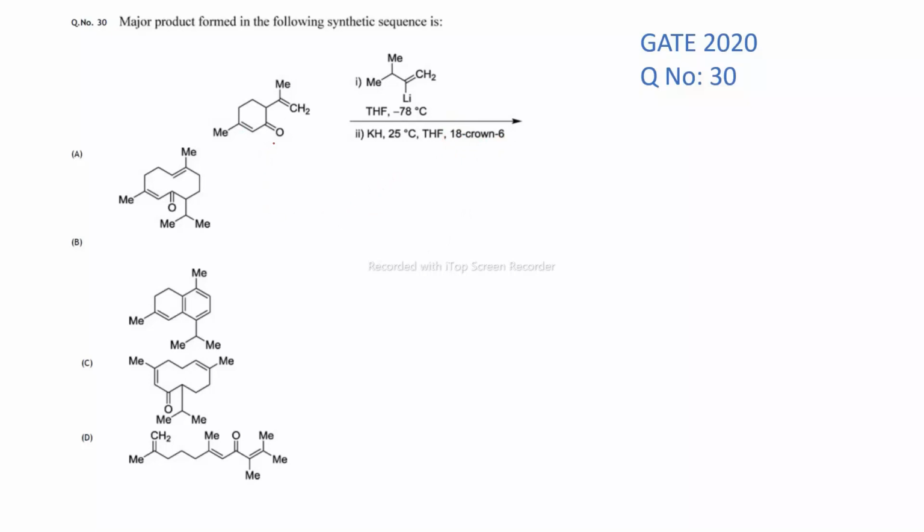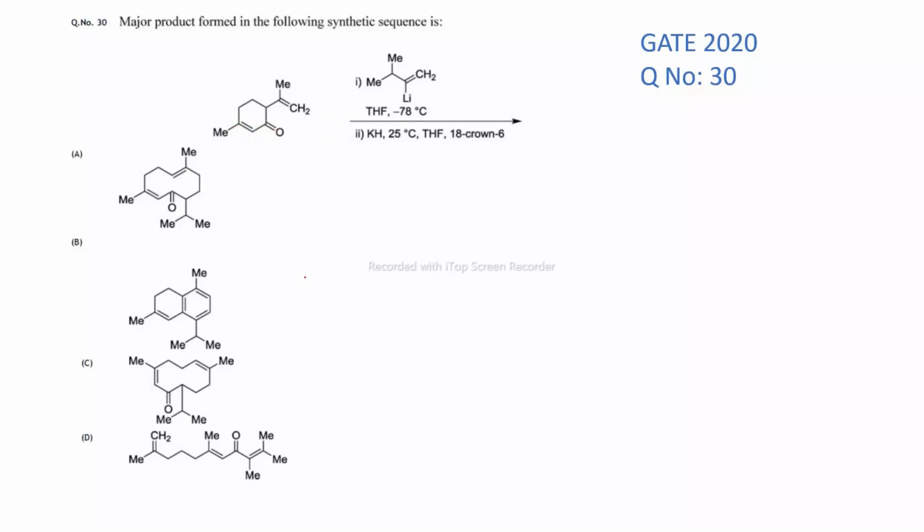In our substrate, 1, 2, 3, 4, the 4 center is there, right? This is an alpha beta unsaturated compound, and here is the isolated double bond. So where will the lithium attack, at this 2 center or 4 center? That is what we have to find, followed by the conjugate reaction.